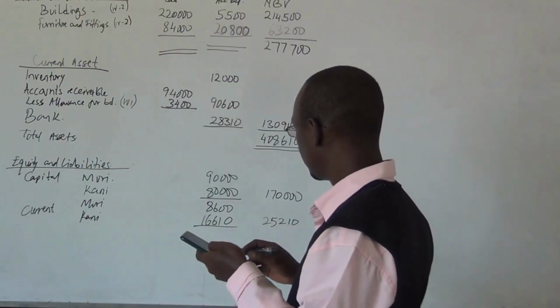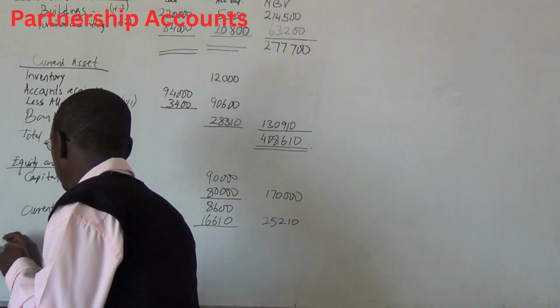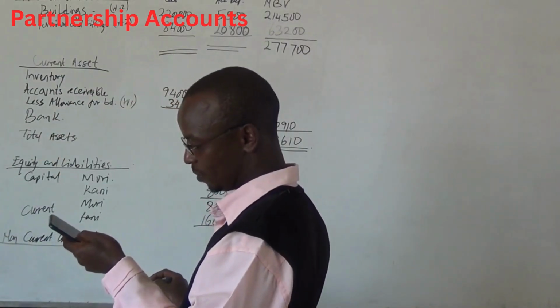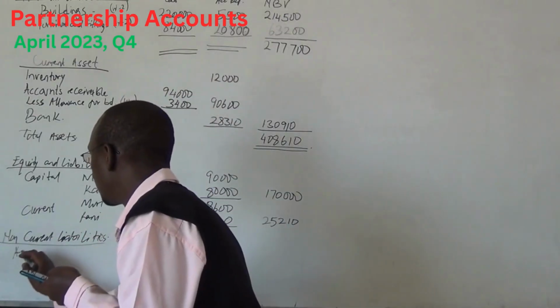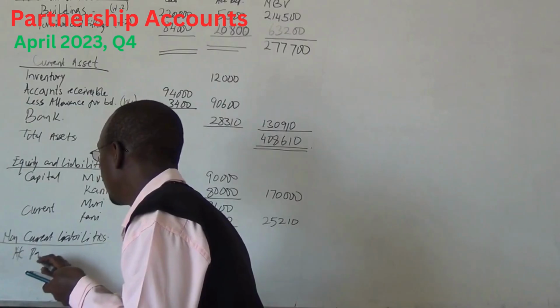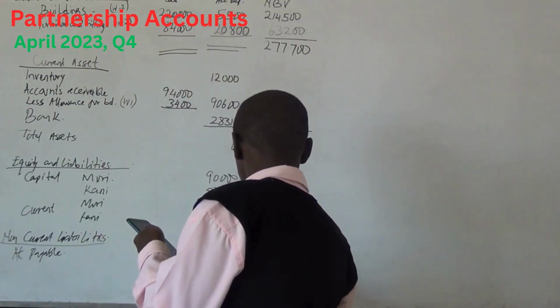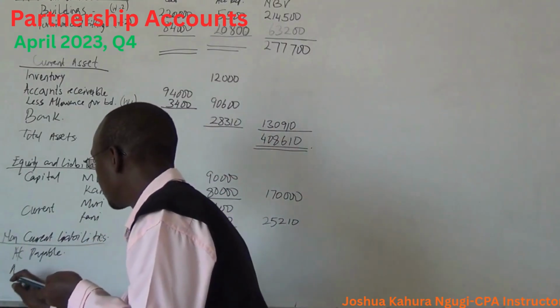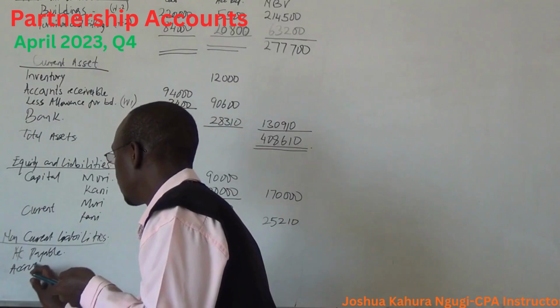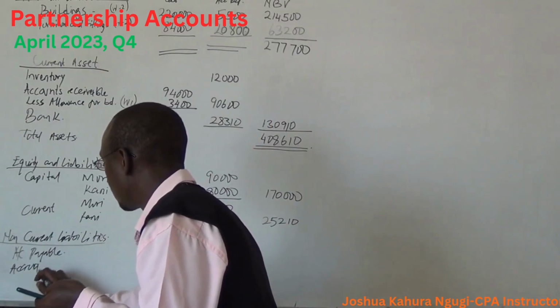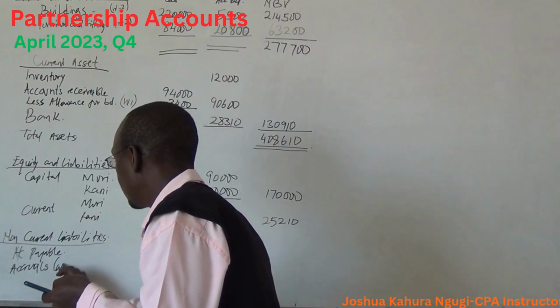Non-current liabilities. You have accounts payable, 63,000. Accrued salaries, you call them accruals, and you had a working.